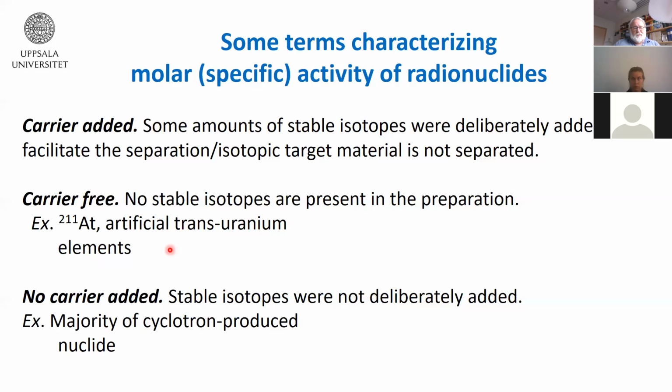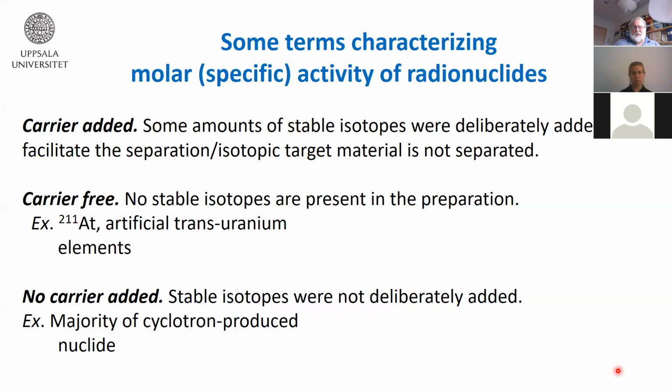So, many medical isotopes fall in this category. For example, cyclotron-produced radionuclides are typically no carrier added. The reason is that you use charged particles to induce the desirable reaction.